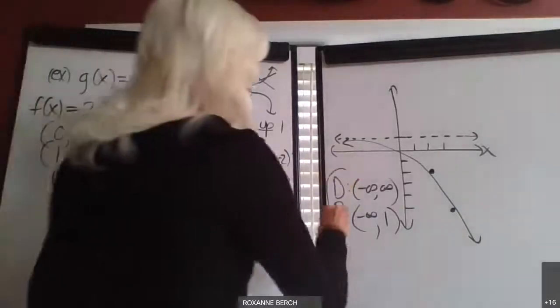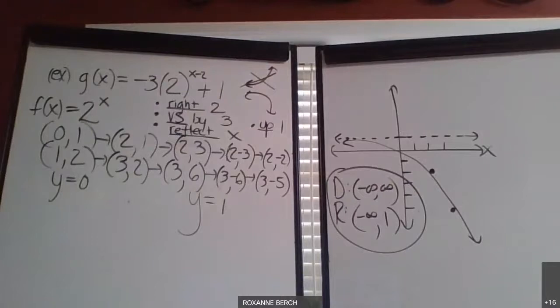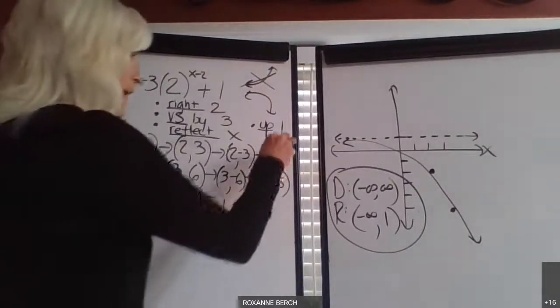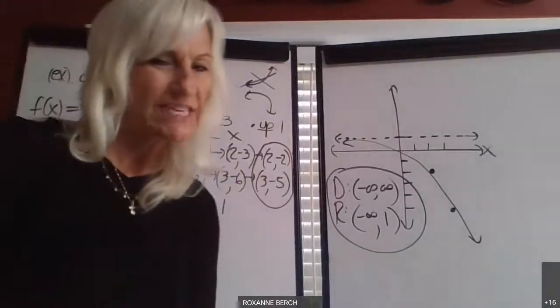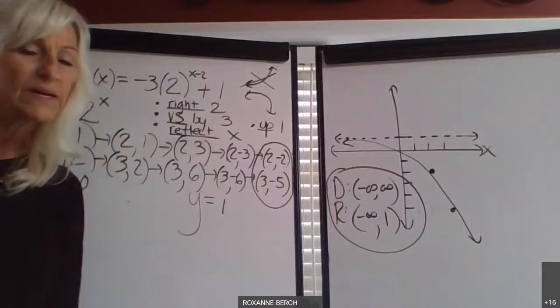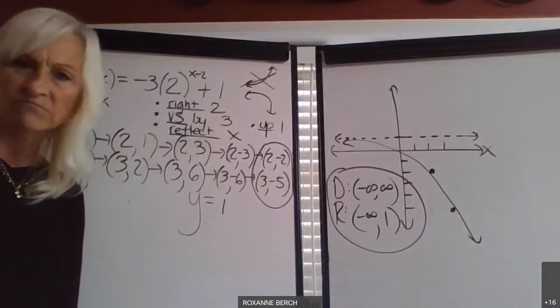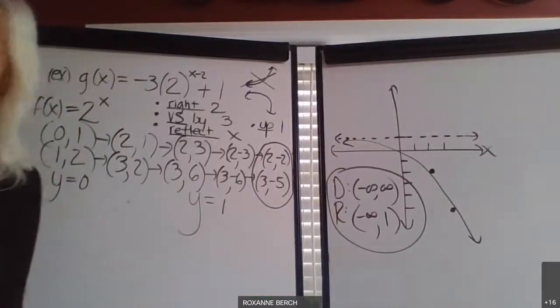Okay, so let me tell you what they asked for in this problem. They asked for the domain and range, which you're responsible for. They asked for these points. They're calling them reference points, but I'm not teaching like the books. I'm just letting you know that this may not correspond to the book. And for an exam, I wouldn't hold you accountable for what the book's doing. I'm holding you accountable for what I'm doing.